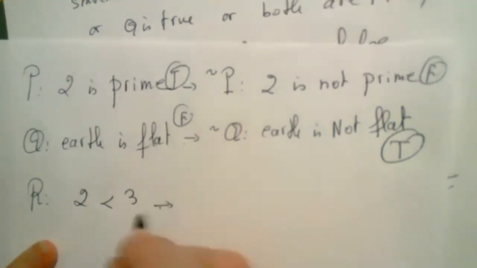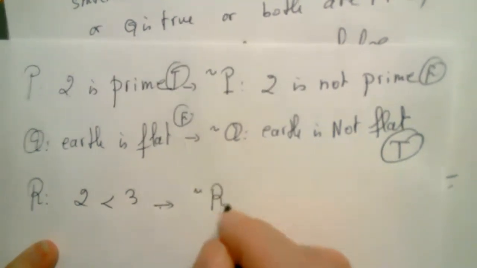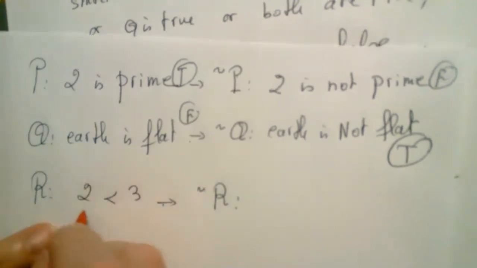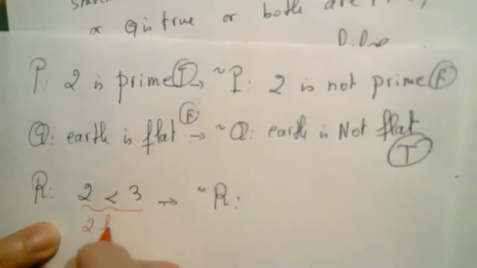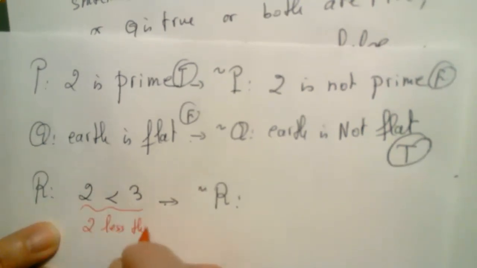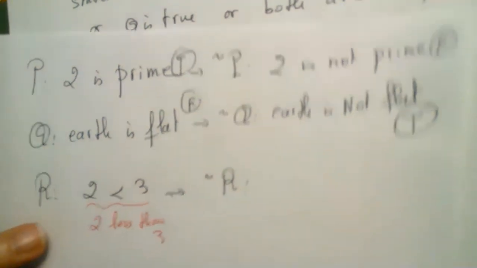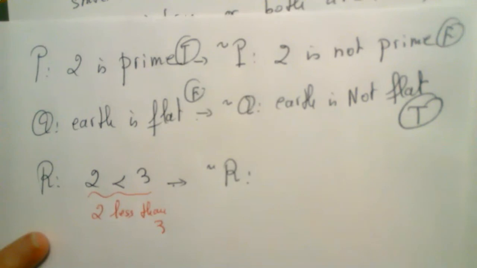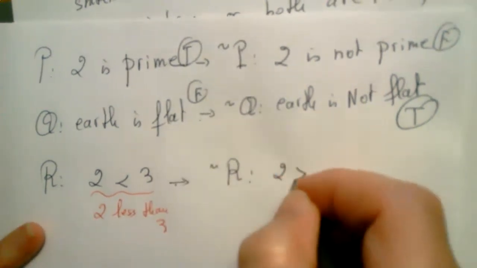Now, 2 less than 3. What's the negation? So this reads 2 less than 3. What's going to be the negation? All right, I can see the negation is 2 greater than 3.